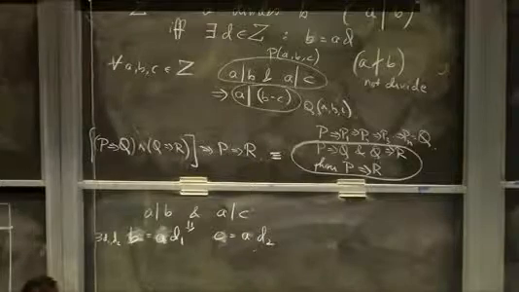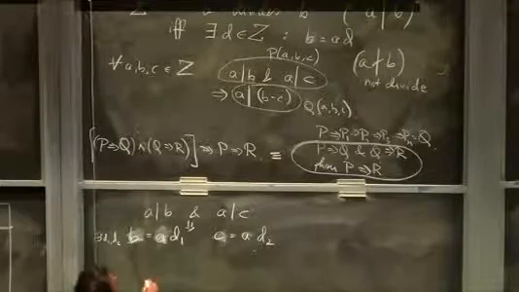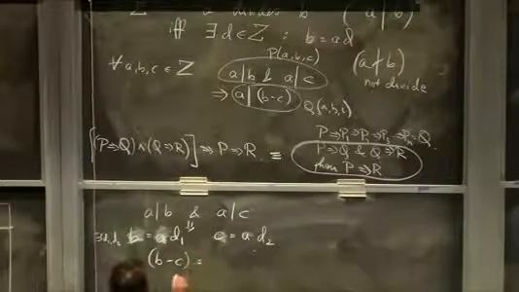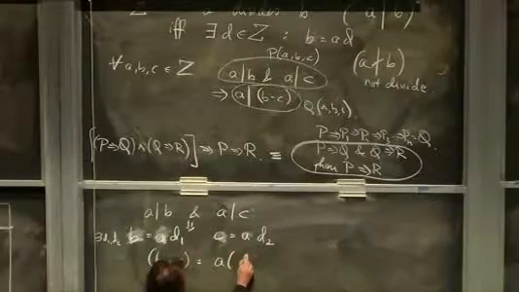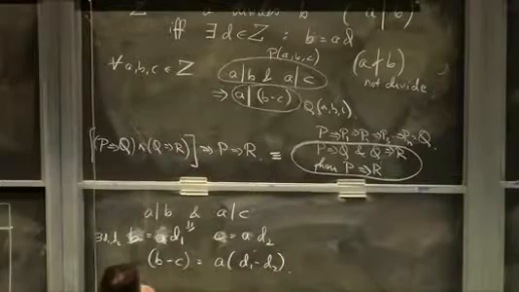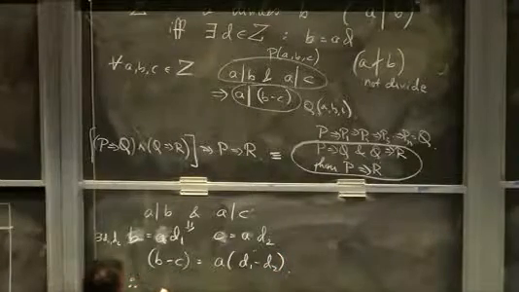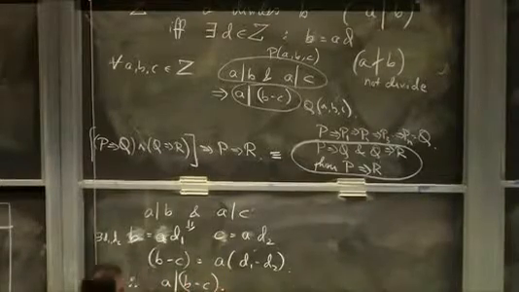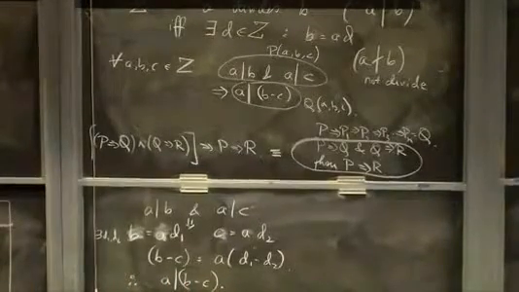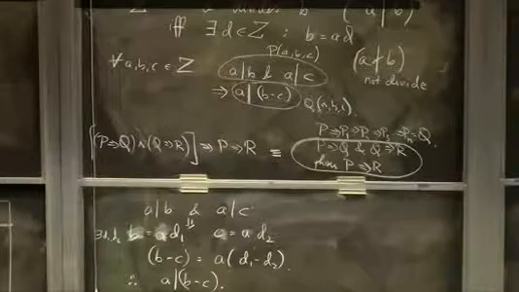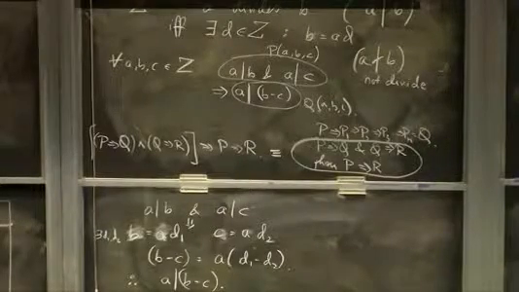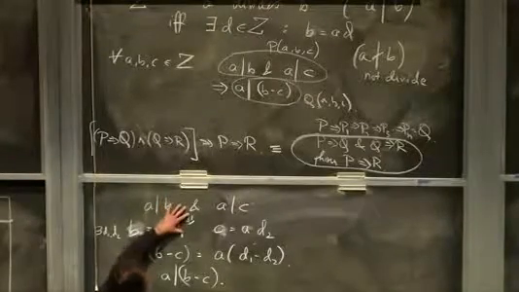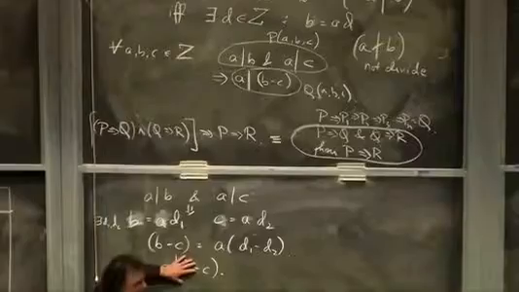And then B minus C equal to A times (D1 minus D2). Therefore, A divides B minus C. Okay. So this was definition, simplification, definition, and we're done.